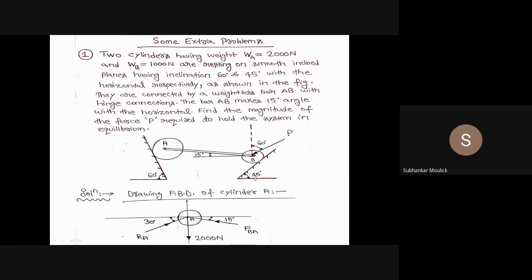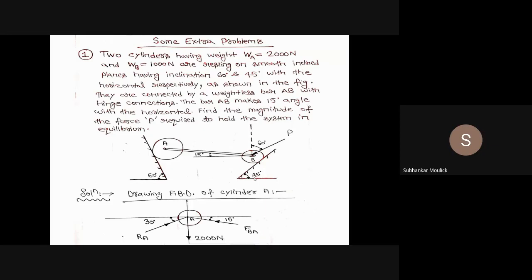First of all, tell me how many forces are acting at cylinder B. Sir, I think it's 4. There are four forces. Okay.